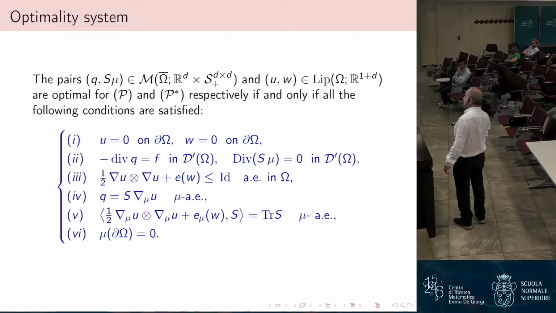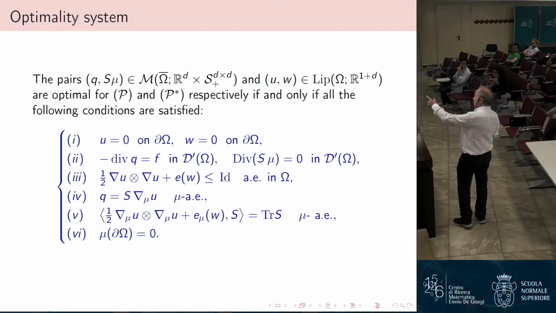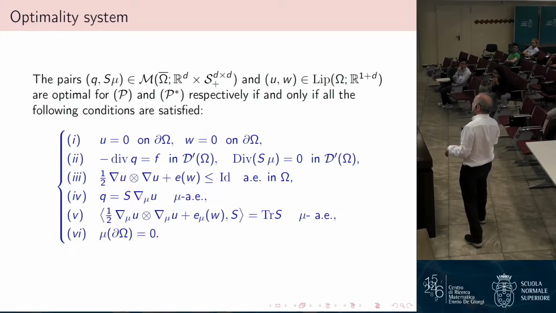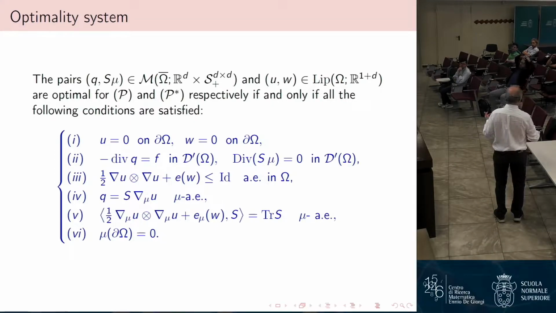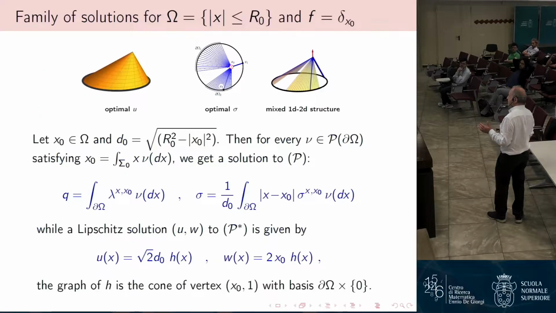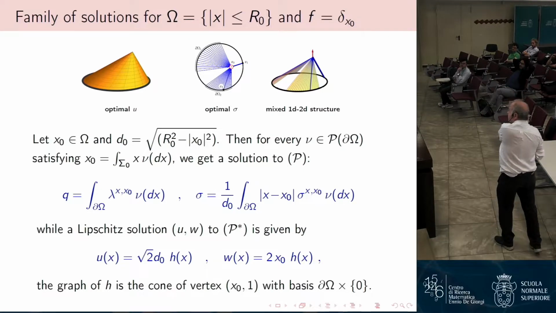And you have an equilibrium condition. So it is valid only if I take the tangential gradient, and I have to assume that U and W are Lipschitz. So it's a problem of regularity we could not solve.